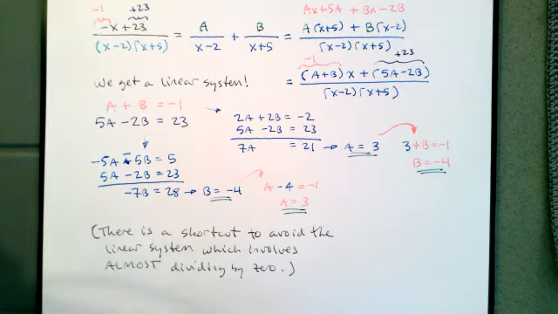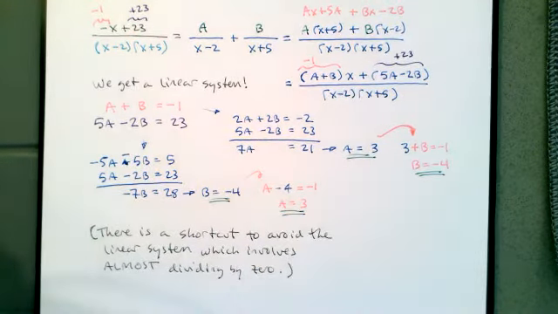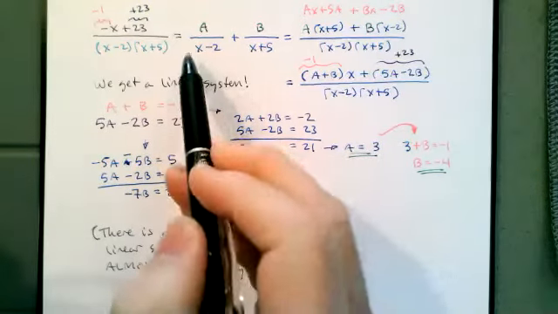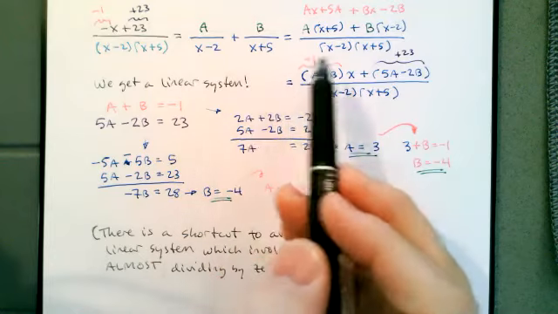All right, so there is a technique, and I want to point out that it's a shortcut to get around this linear system. I want you to know that I'm aware of it, and I'm deliberately not teaching you that, because this is the one that you're going to find when you go on to Professor YouTube and say, "Hey, Professor YouTube, how do I do this partial fraction decomposition business?" And they're just going to be like, "Oh, you plug in 2 and you plug in -5," and then there's an audible gasp as you're dividing by 0.